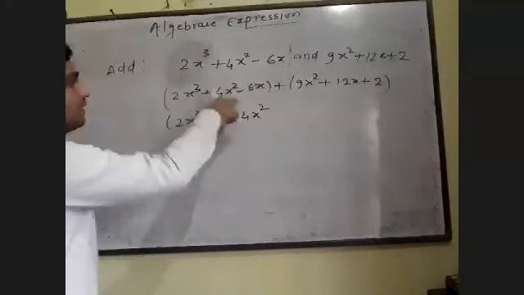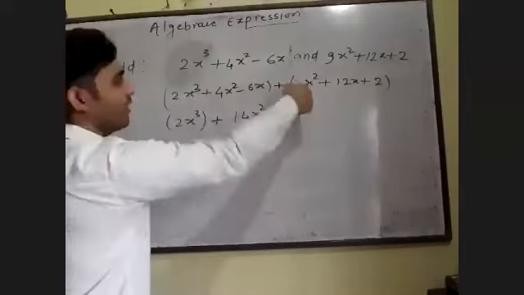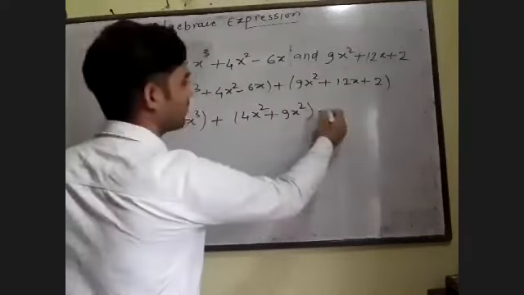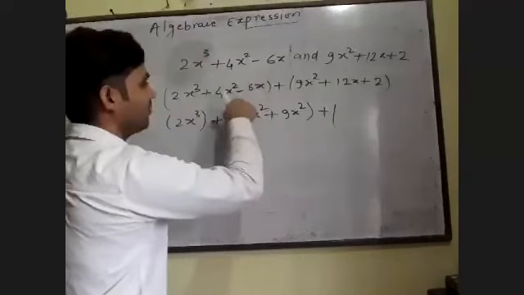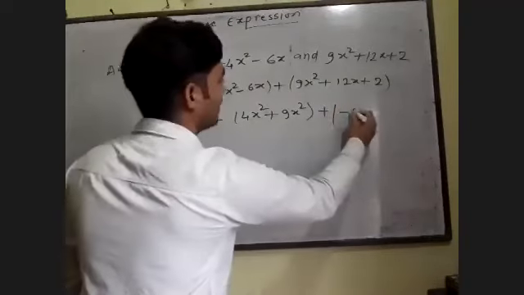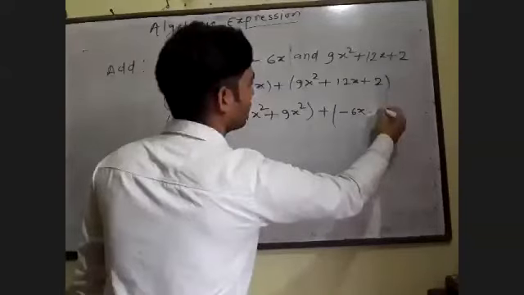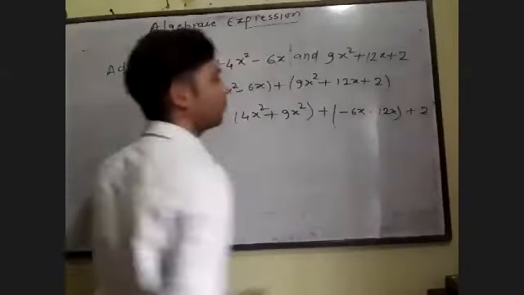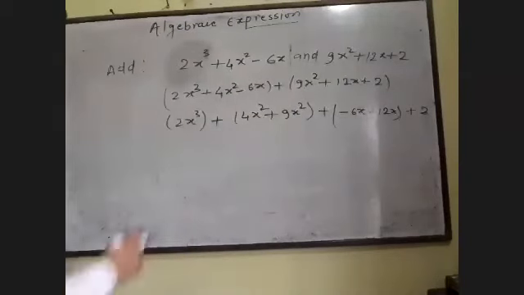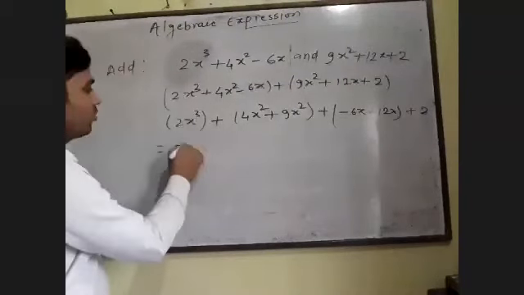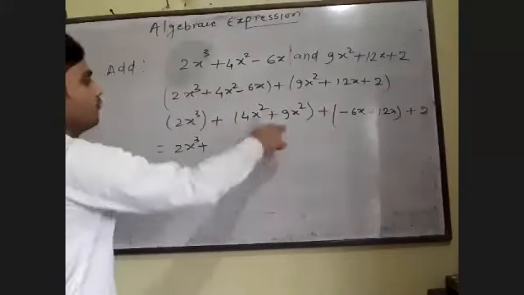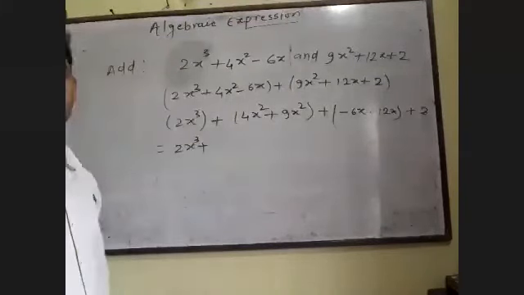See the like terms: 4x square plus 9x square, plus minus 6x plus 12x, plus 2. So it becomes 2x cube plus 4 plus 9, 13x square.